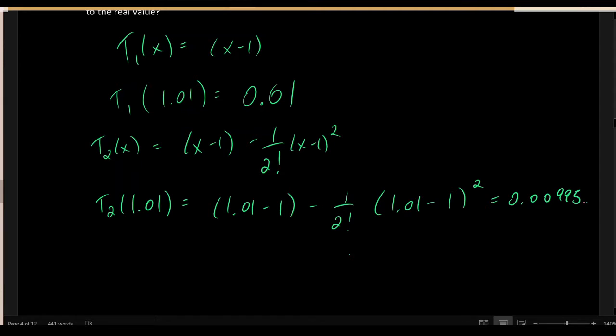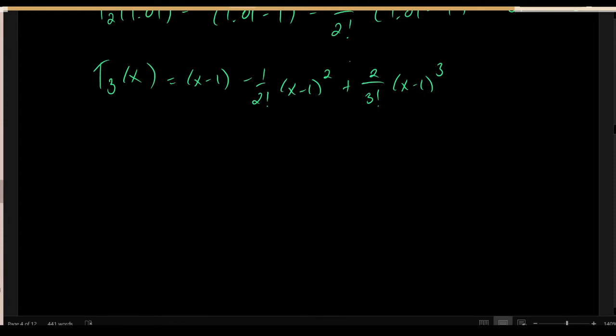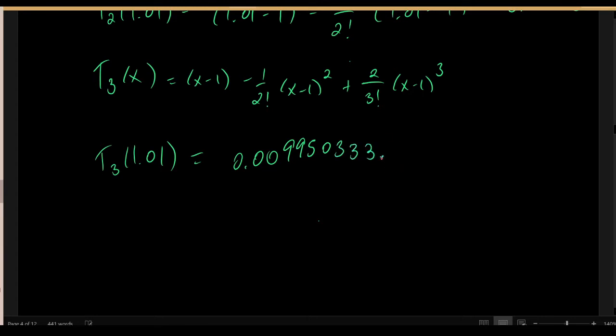Okay, let's try it with t sub 3. If we plug x equals 1.01 into this function, then my side work says to me that this is equal to 0.00995033333 and so on.